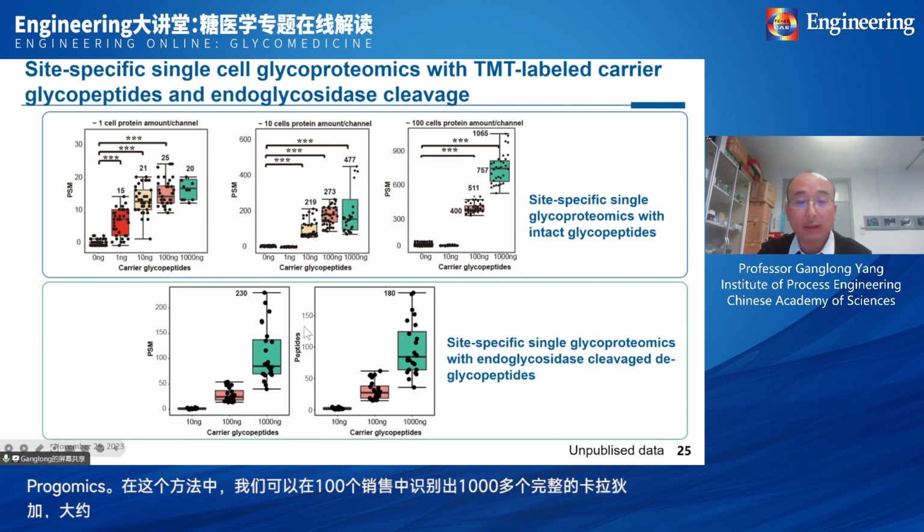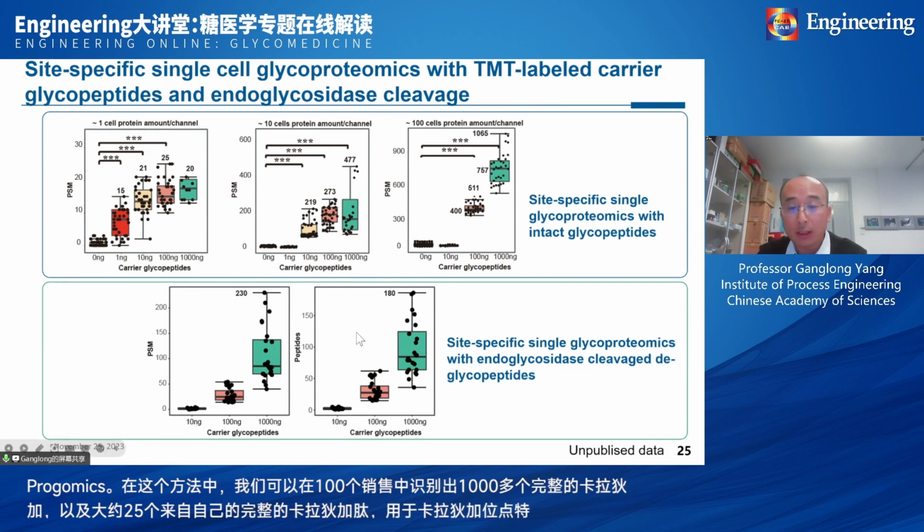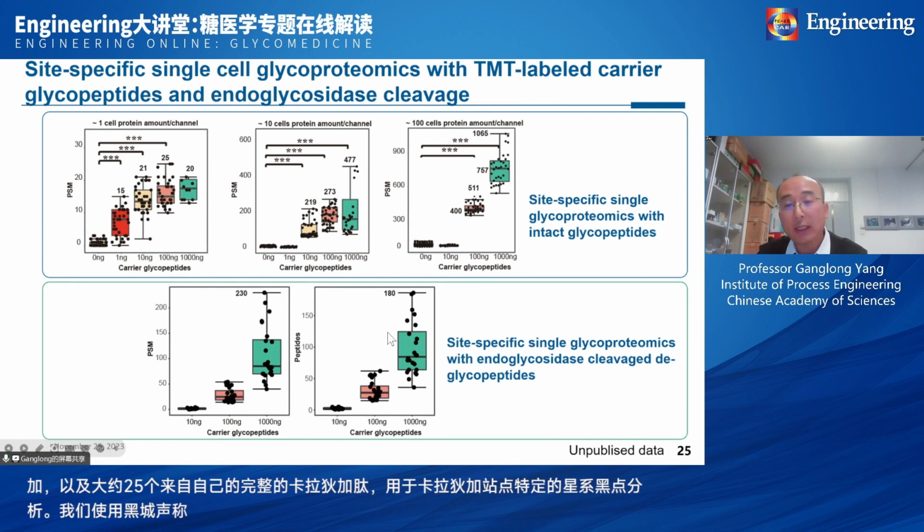And for the site-specific glycan analysis, we used endoglycosidase to cleave the glycan from the peptides, and we see there are more than 230 glycans identified in our study.